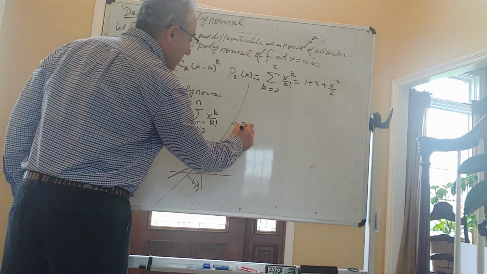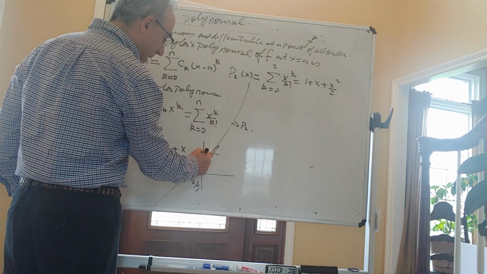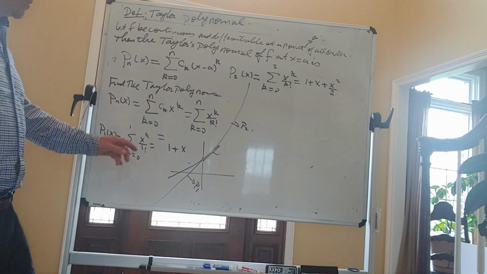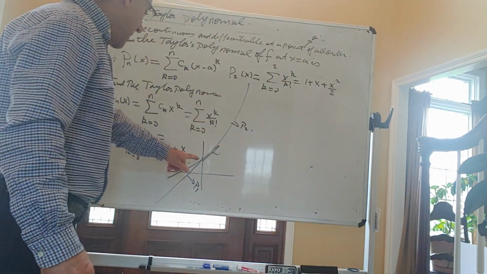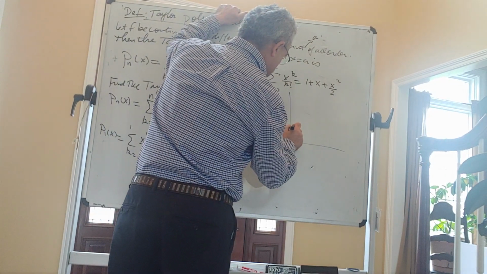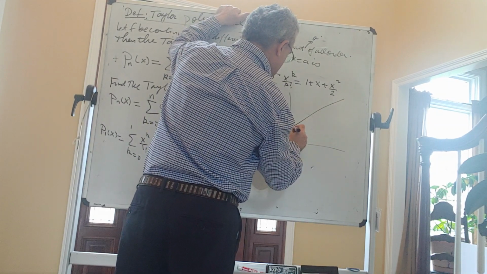So that is P1, that is P2. And if you do P3, they're going to go past here, but it will go all the way. So they all pass at this point, because when x equals 0, they all pass at the point 1. So let me give you a better picture. This is 1.